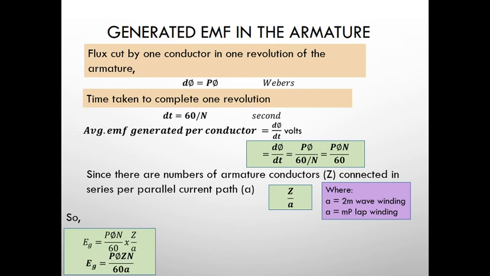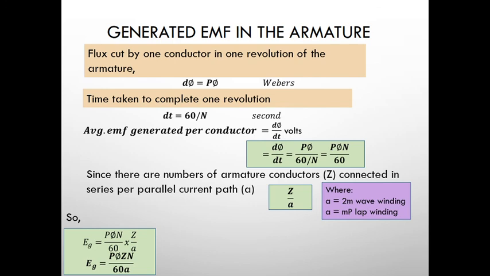Therefore, the formula for generated EMF with respect to the number of poles, flux, number of series conductors, and speed over the number of current parallel paths is epsilon, P flux Z N over 60A.